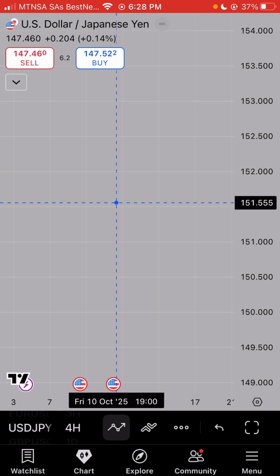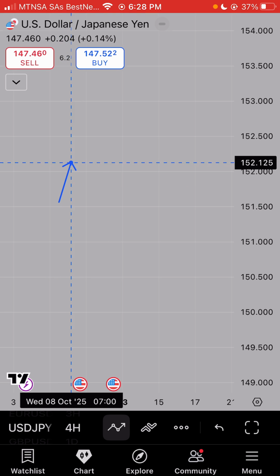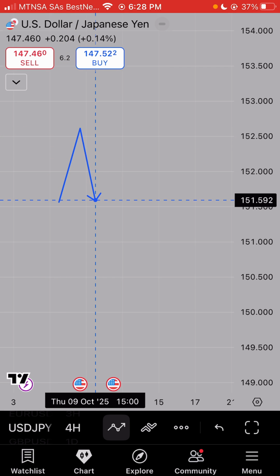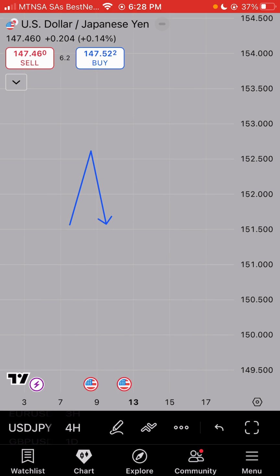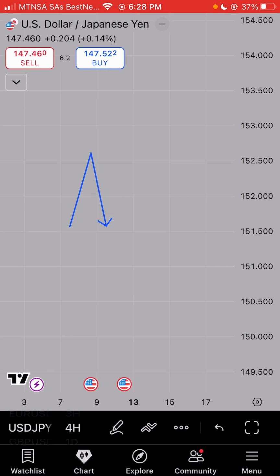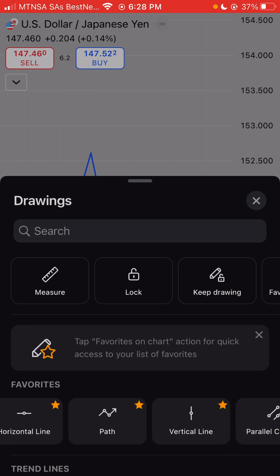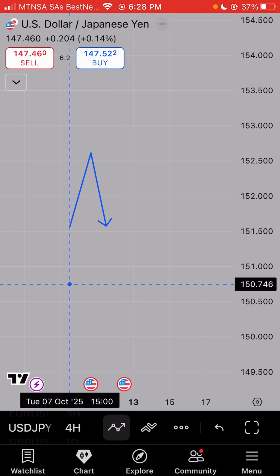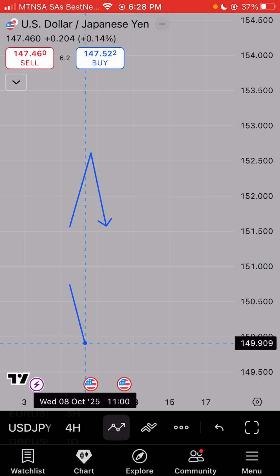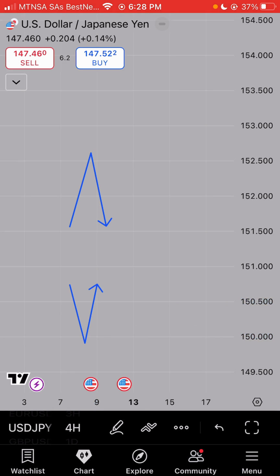So firstly, what you have in MSNR key levels is something like this. You will have an A-shape key level, and you will also have a V-shape key level.